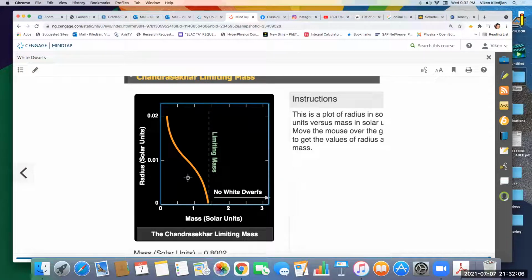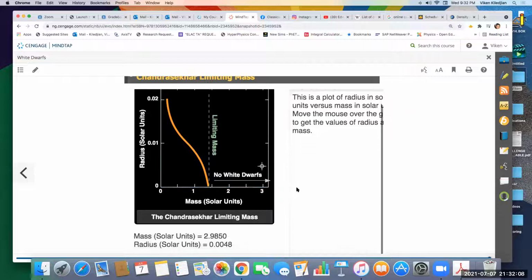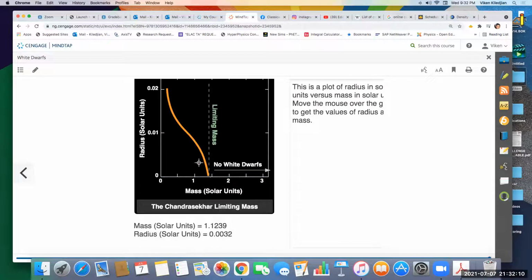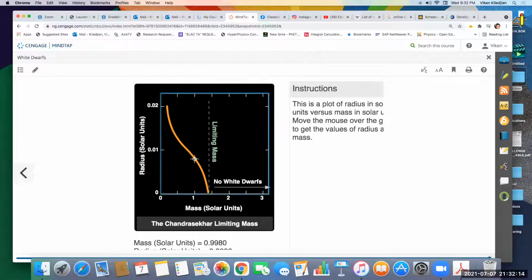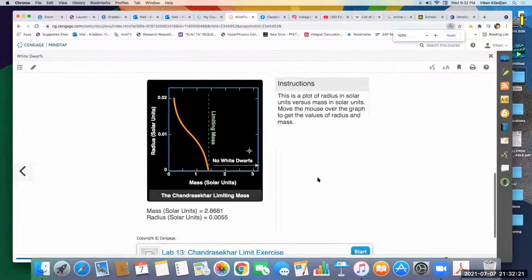So for example, if I want to know one solar mass, right there, one solar mass. Let me minimize it. So one solar mass right there. Okay, one solar mass, 1.008.